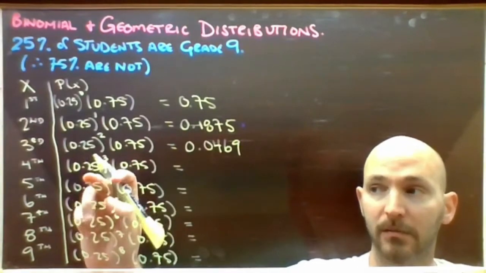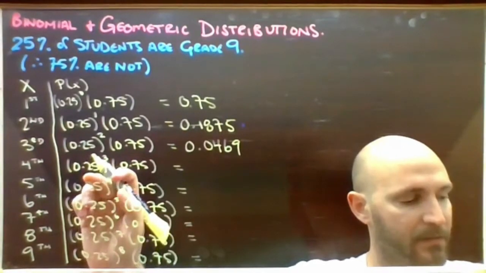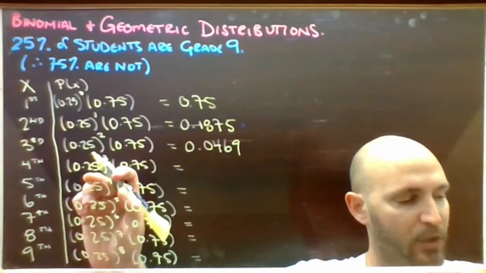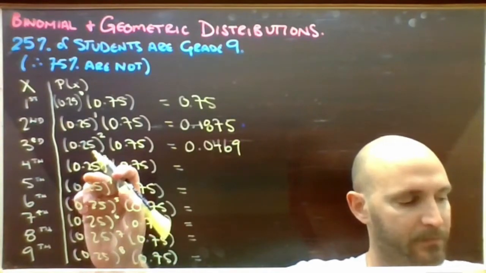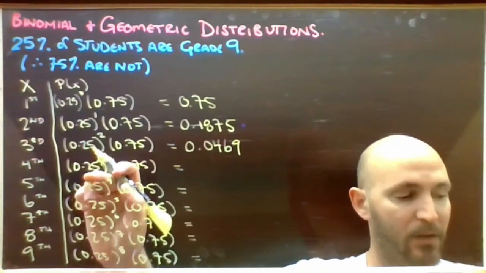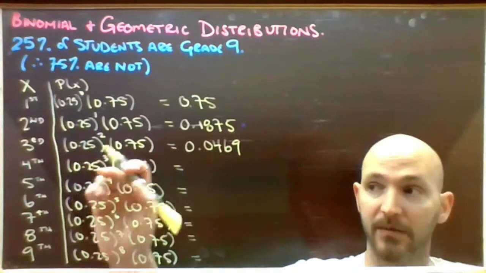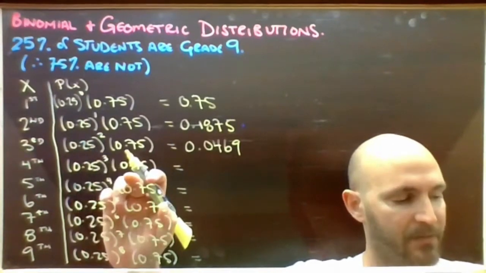This row here, 0.25 cubed, 0.25 times 0.25 times 0.25 is 0.15625 multiplied by 0.75.